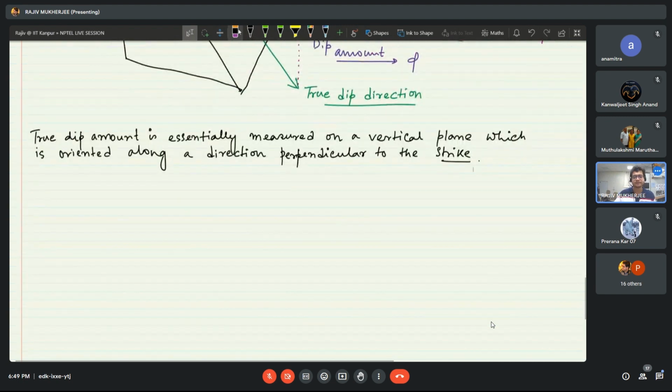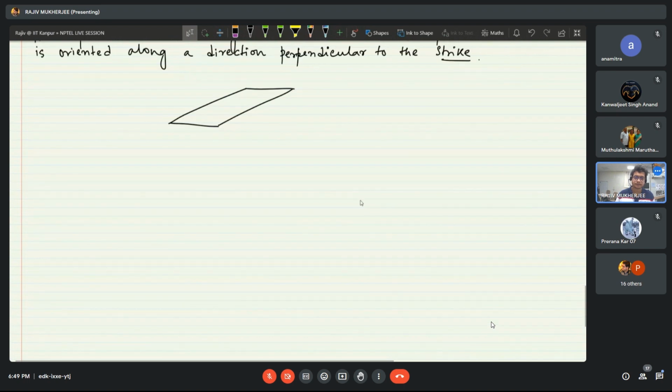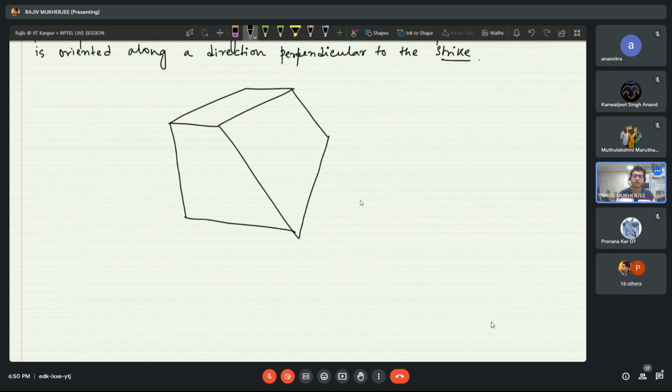Now the question is, if I have a plane and this is the strike line, then perpendicular to that direction, this will be the true dip direction.